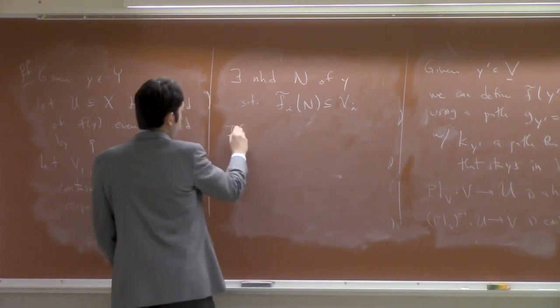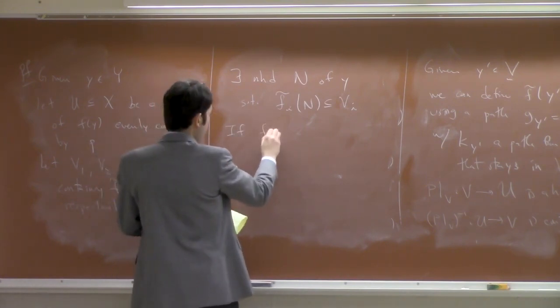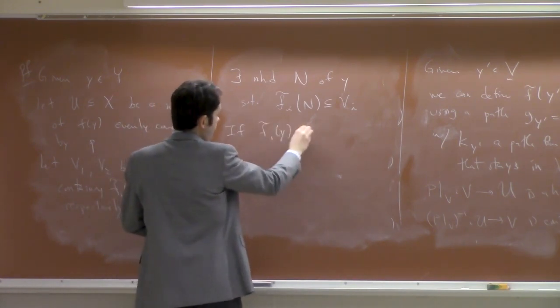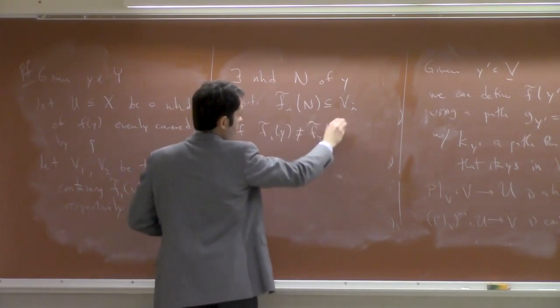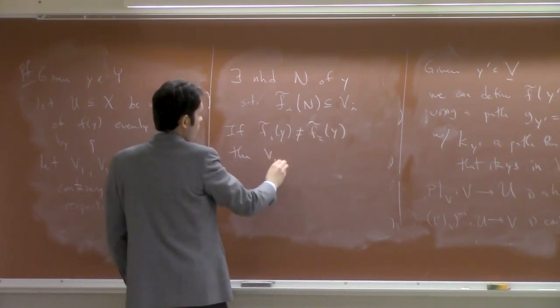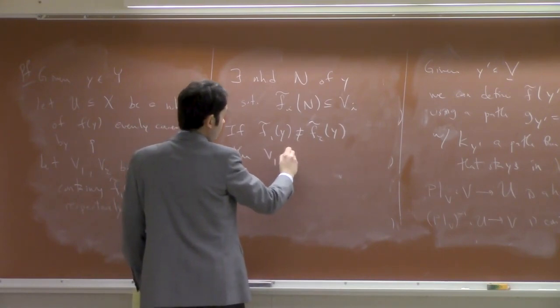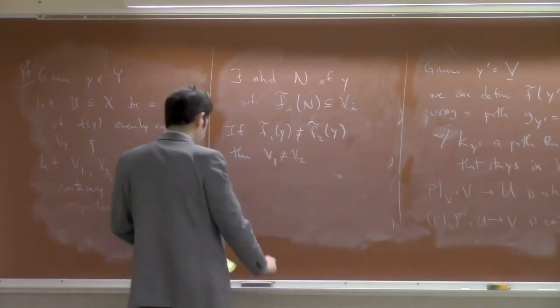Okay, so if f1 tilde of y is not equal to f2 tilde of y, then V1 is not equal to V2.